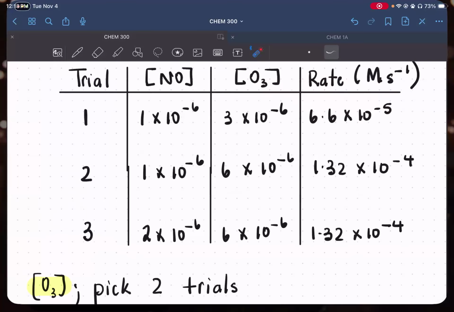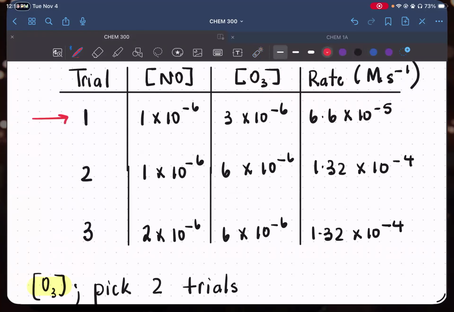Take a scan for yourself. Don't shout out the answer. Just take a scan for yourself. We're looking for 2 trials where O3 changes, but not NO. Hopefully we all come to the same conclusion.